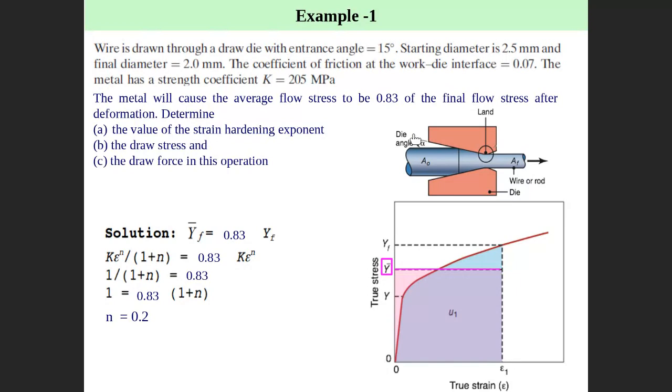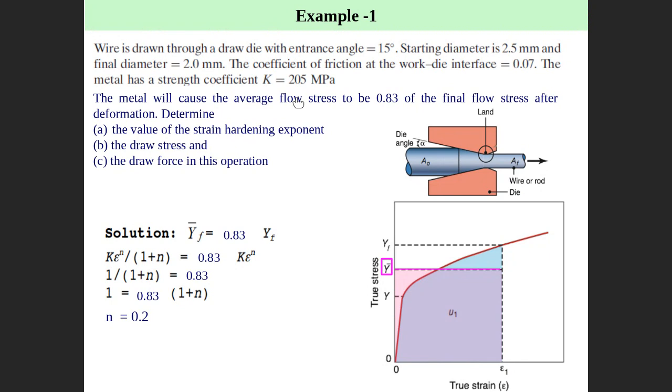Entrance angle alpha is 15 degrees, starting diameter 2.5 millimeter, final diameter 2 millimeter. Coefficient of friction mu is given as 0.07.